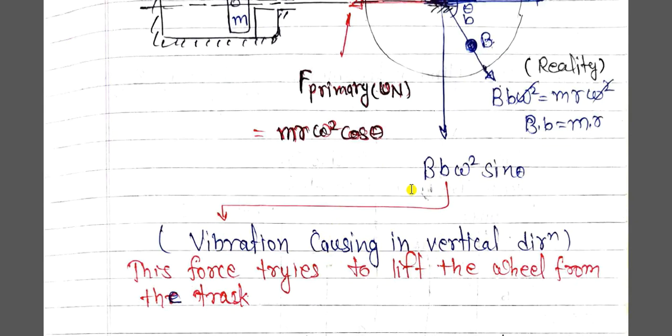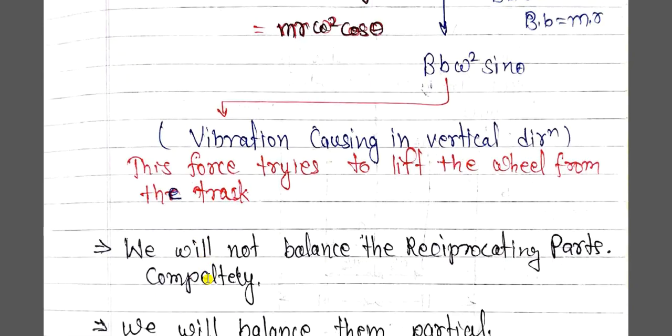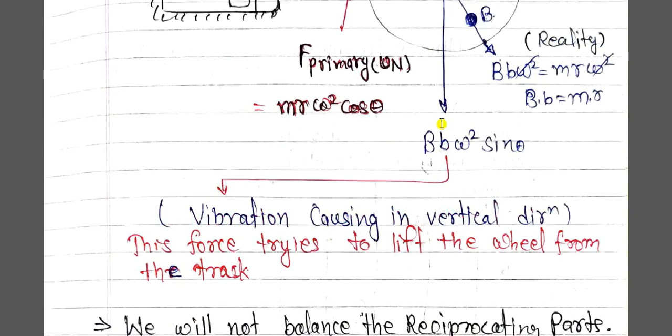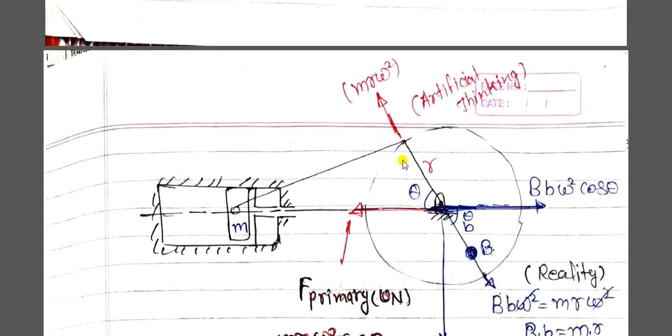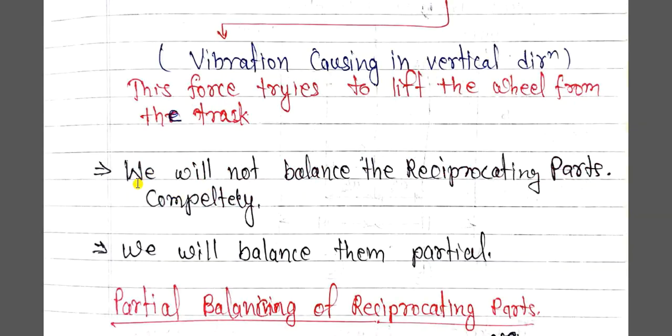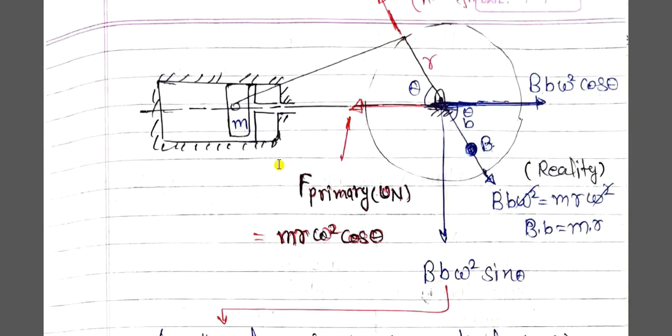And this is causing vibration in the vertical direction. This force tries to lift the wheel from the track. So that is the problem: you are not balancing the entire mass. We will not balance the reciprocating parts completely, because if you try to balance them completely, it will balance in the horizontal direction but create a problem in the vertical direction.